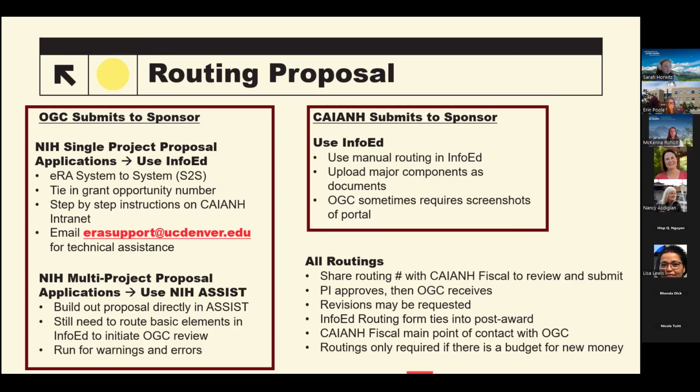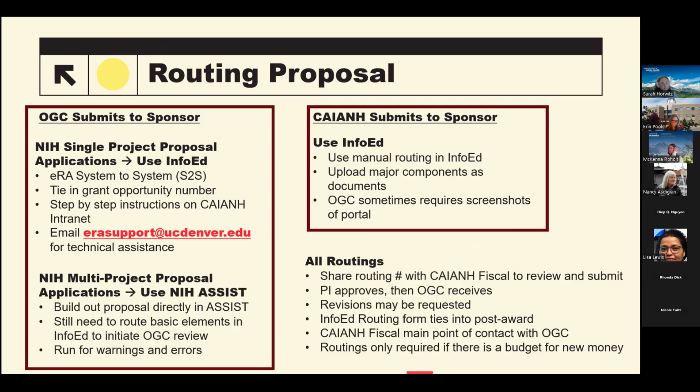And then generally, sometimes we get the question, do I need to route this? It's only required if there's a budget within the proposal and if it's for new money. So something we recently learned is that if it's just a letter of intent for funding that would then lead to submitting a proposal, but there's no official budget, you do not need to route that through InfoEd or through OGC.